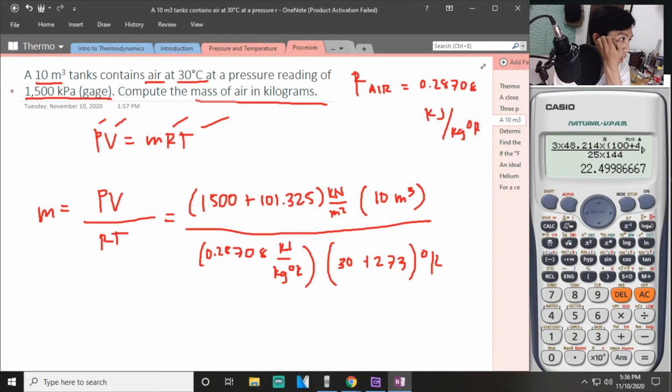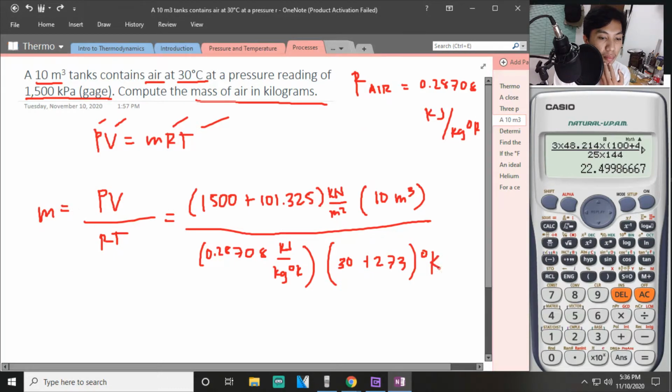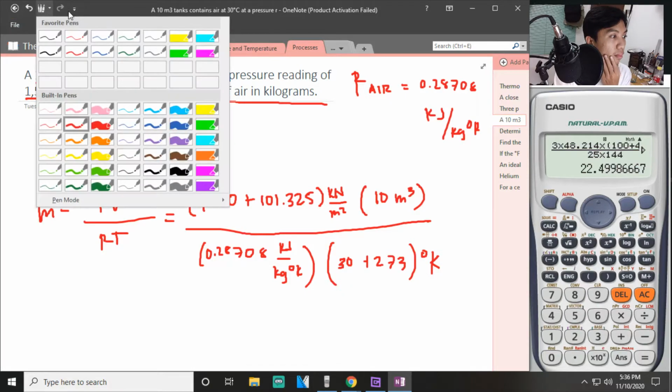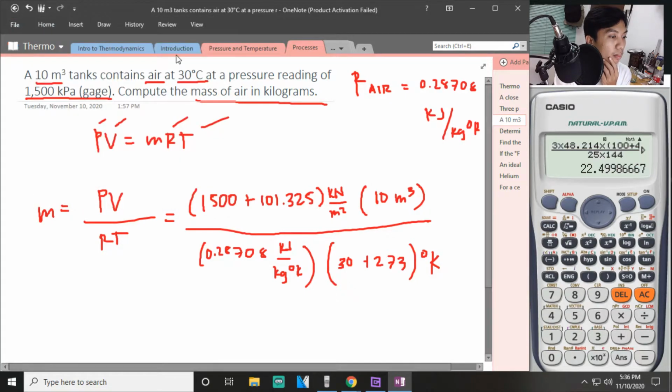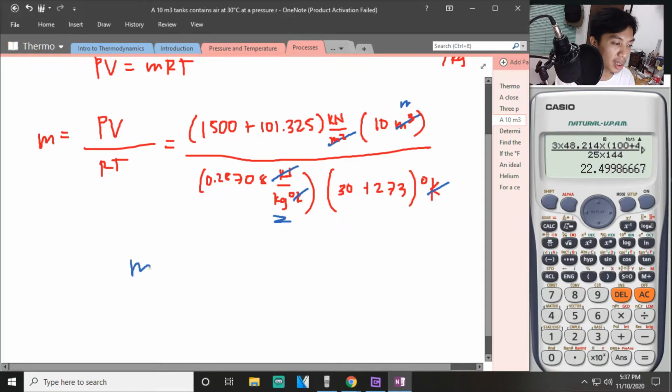So, 30 plus 273 degree Kelvin. Now, cancel the same units. Cancel the same units, okay? So, kilojoule. This meter leaves a meter. Kilonewton meter is kilojoule. And then, degree Kelvin, what remains is kilogram. So, the answer will be mass.